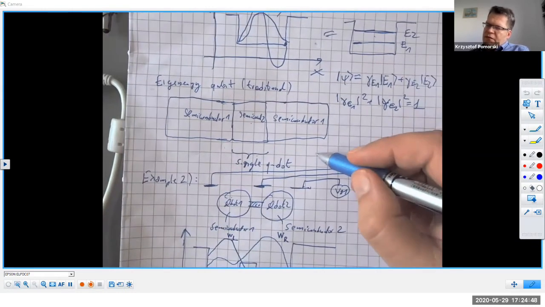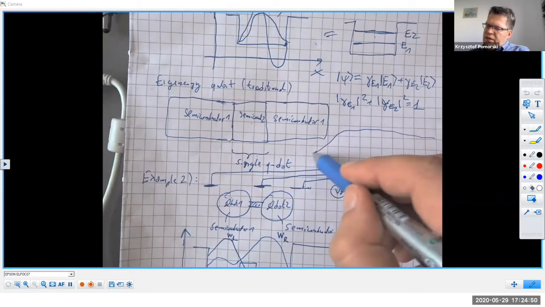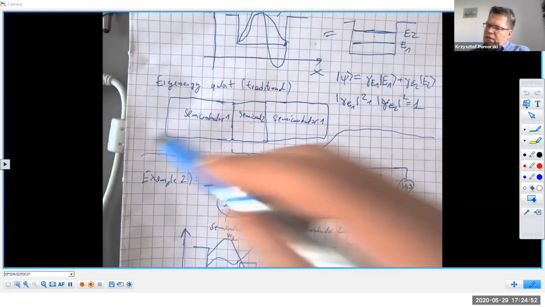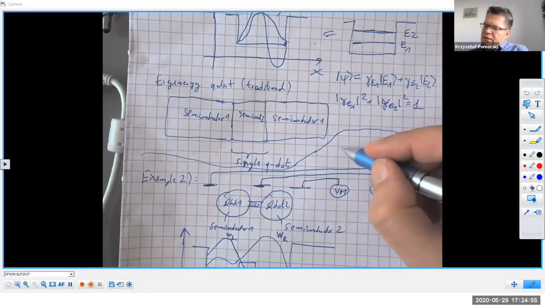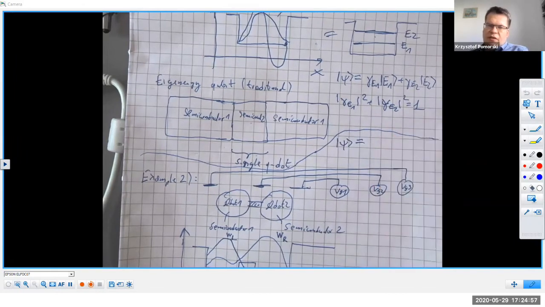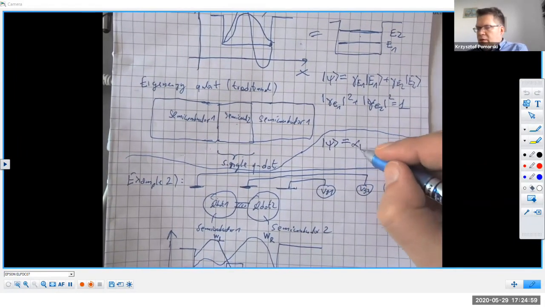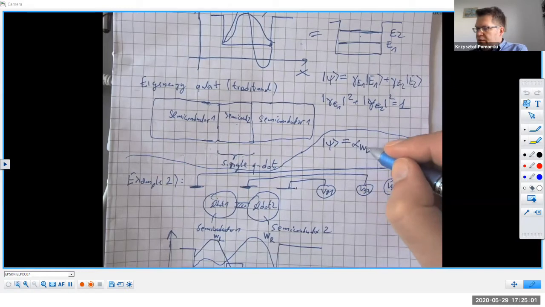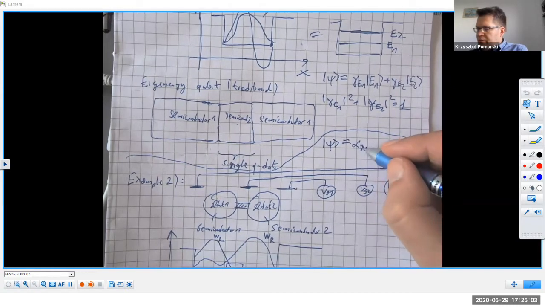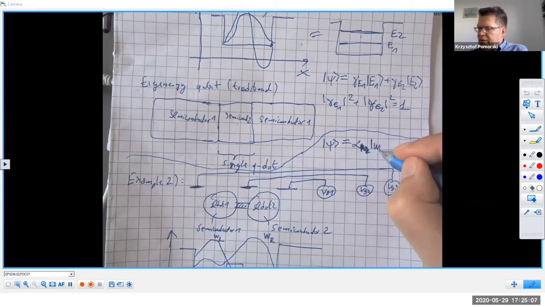The key feature is that, having such a representation, you can write this as alpha VL plus beta VR.